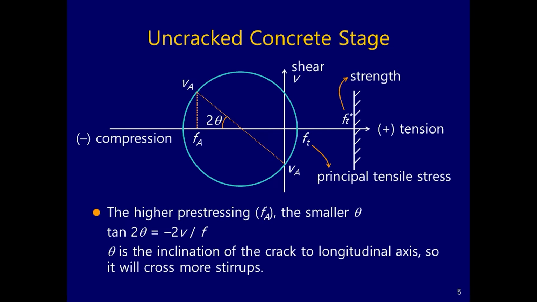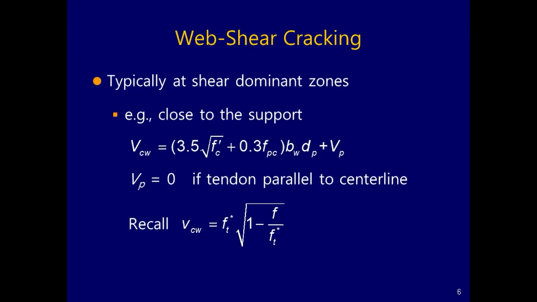So it also helps. Pre-compression is beneficial. Flat cracking is also advantageous. So shear capacity of a prestressed concrete beam is larger than a non-prestressed reinforced concrete beam. With that philosophy, the ACI 318 equation is developed.